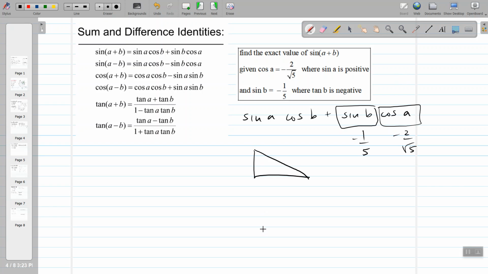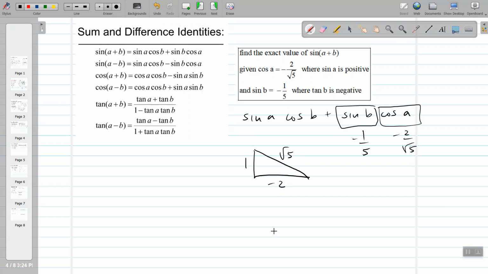So when I put the -2 over rad 5 over here, the -2 will be here, the rad 5 will be over here, which means if I work my way backwards using the Pythagorean theorem, this squared minus this squared will equal this squared. So if I take the square root, this guy over here has to equal 1.